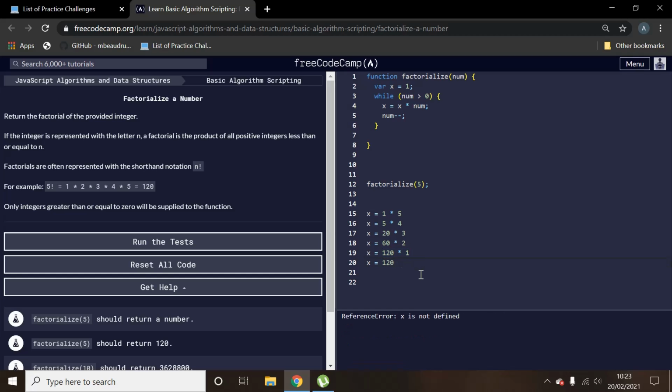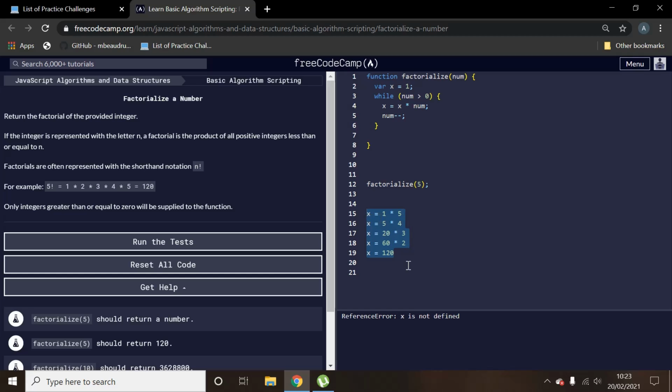Now multiply by 0? No, we don't do this one, because the condition there is num has to be greater than 0. So it stops there. The value of x is 120. 120 times 1 is 120. So x is 120. That is the factorial of 5.